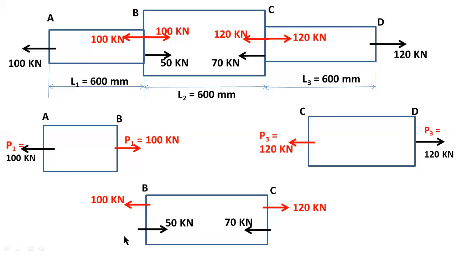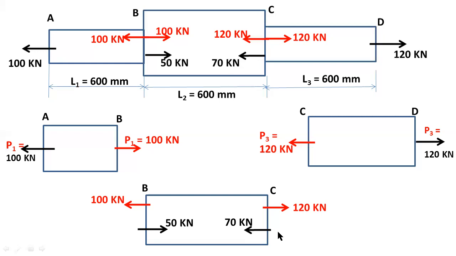Now the remaining loads at end C are this 120 kilonewtons load and this 70 kilonewtons load. Here also, this one is a tensile load, so you consider a positive sign for 120 kilonewtons, and this one is a compressive load, so you consider a negative sign for the 70 kilonewtons load.